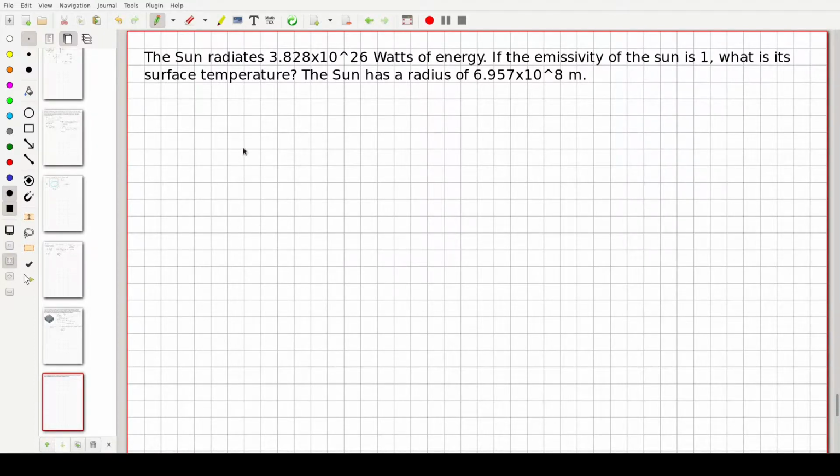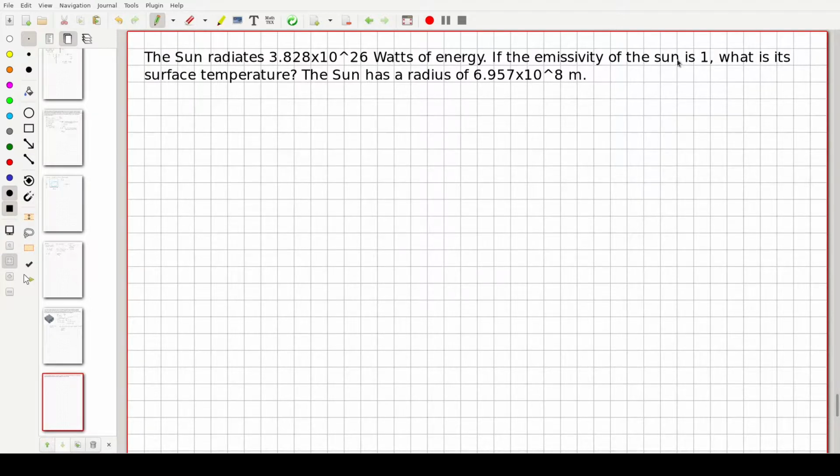Well, if you remember our section on waves, if you capture through intensity some radiation coming from something like the sun, and you know how far away something is, you can figure out how much power that thing is putting out. So just by noting the intensity at the orbit of the Earth, and knowing how far away the sun is, we can determine how much power the sun puts out overall. So this is something that we know.